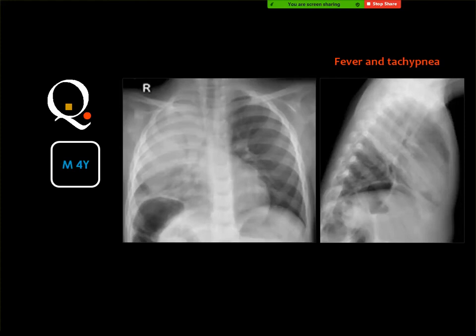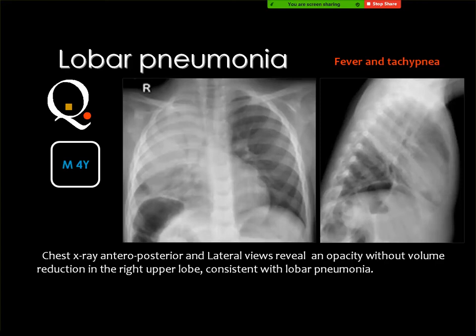Lobar pneumonia. Which lobe? Right upper lobe. Very good. Okay. And this is lobar pneumonia, and you see an opacity with air bronchogram, and in the lateral view, it is confined to the upper lobe.